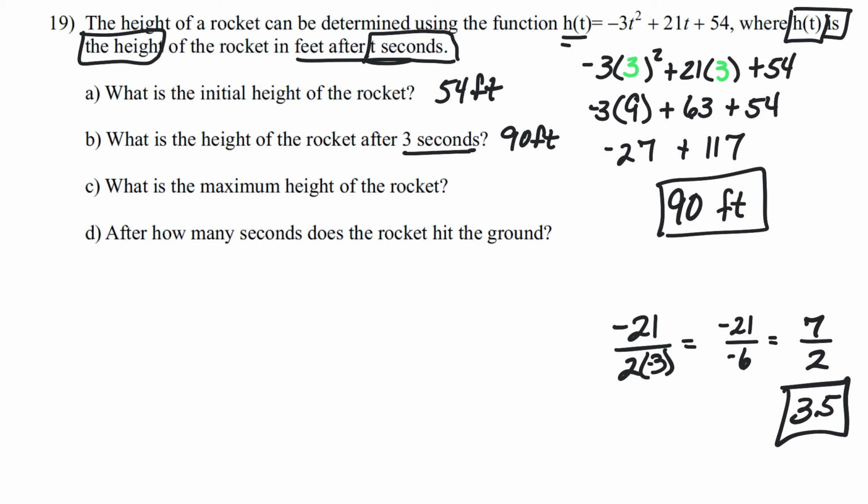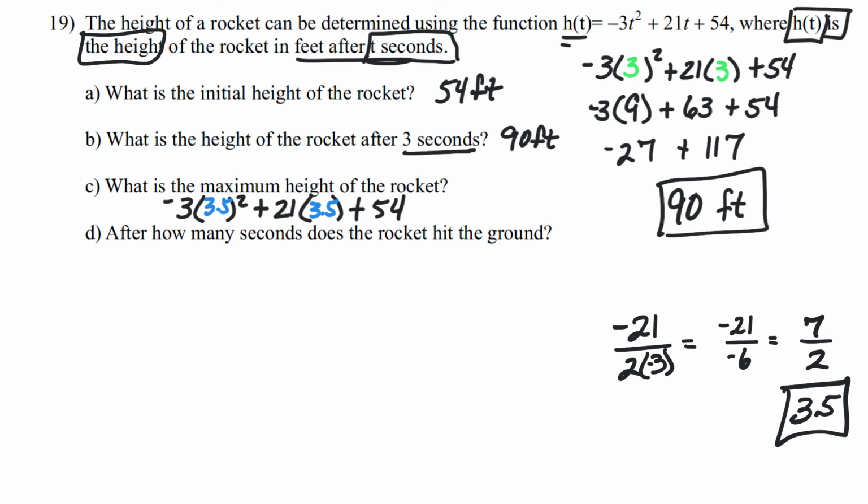Now, I am going to have to revert to the calculator on this because we are running into some difficult numbers here. But what I'm going to do is take my equation, negative 3 times x squared plus 21 times x plus 54. And the x that we're interested in right now is 3.5.